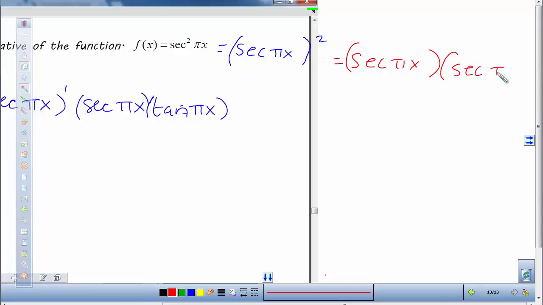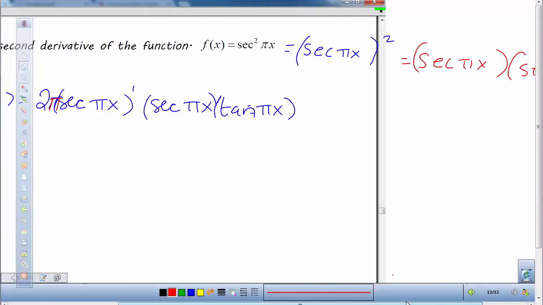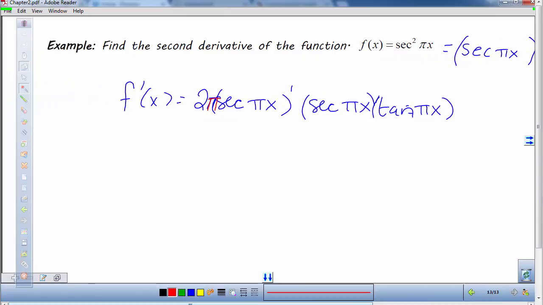That's what it means for the whole thing to be squared. So yes, he's absolutely right. We could write this as 2 pi secant squared pi x times tangent pi x.